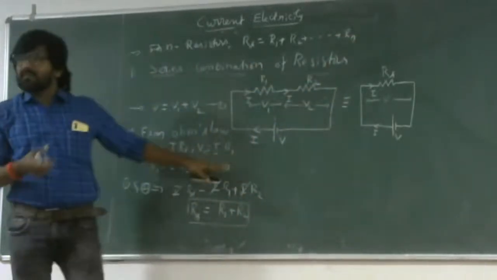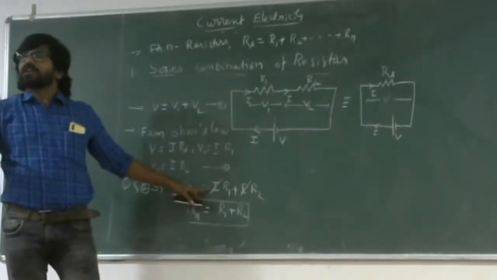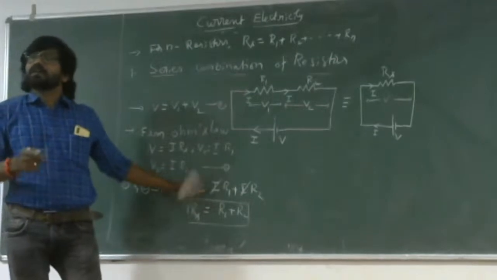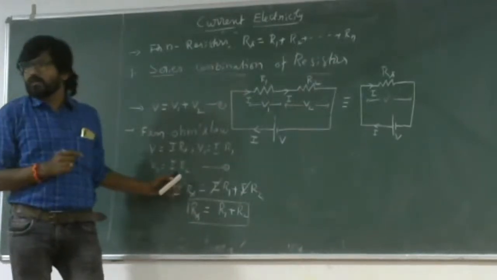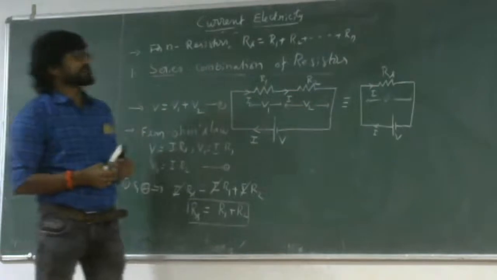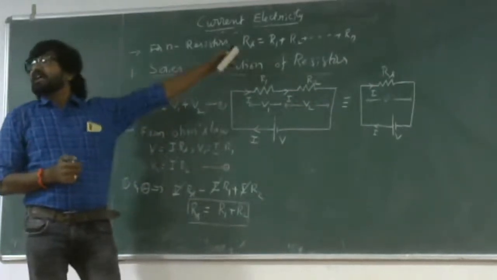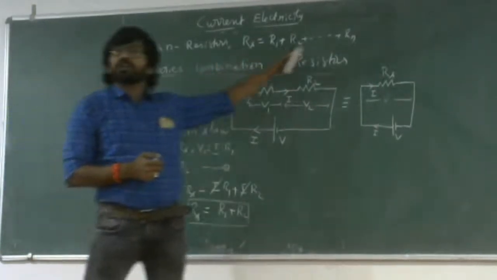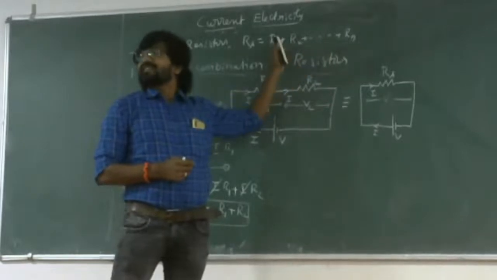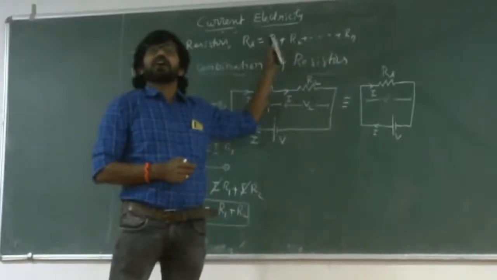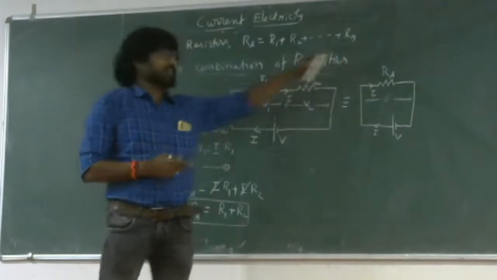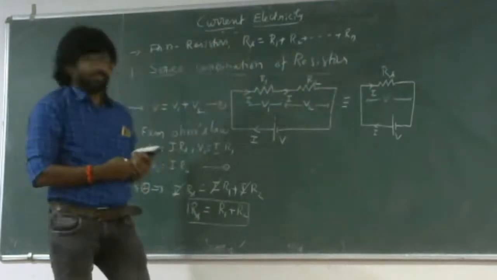This we have already discussed in the previous session. If you were absent in the previous session, you can note it down, otherwise it is already in your notes. See here. This gives you the effective resistance of the combination of n resistors connected in series.